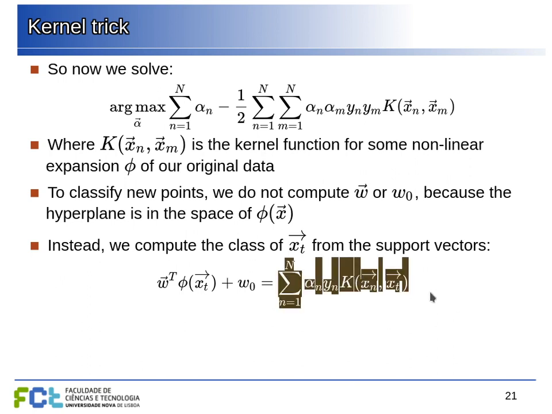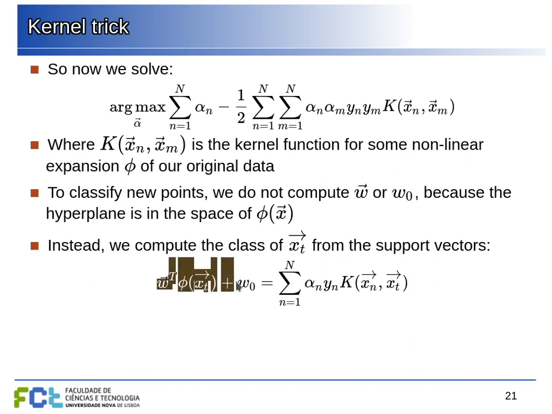Since this is the same as the value we would obtain in this higher dimension when looking at the expression for the discriminant, this also tells us if we are in the positive class or in the negative class. So we can use this for classification without having to compute explicitly these parameters of the discriminant.